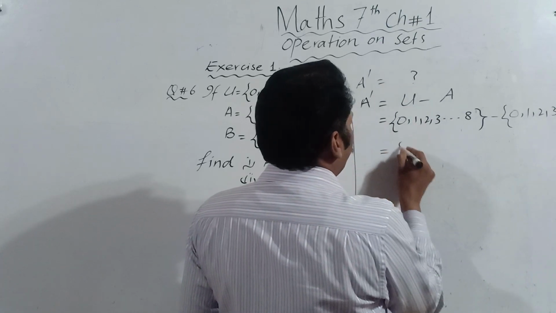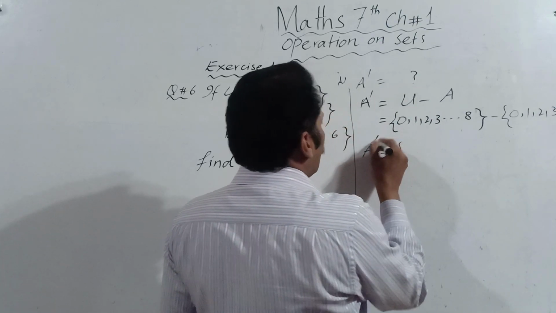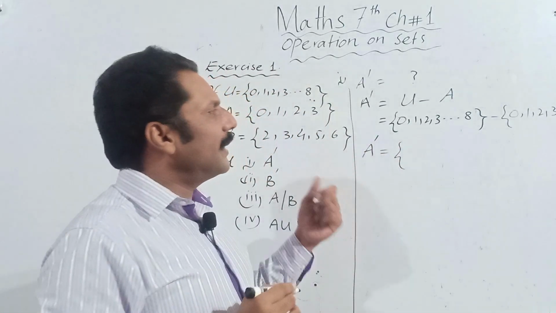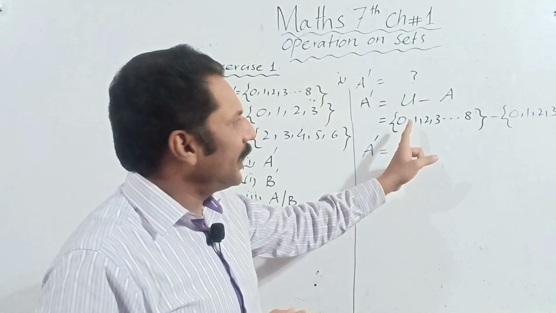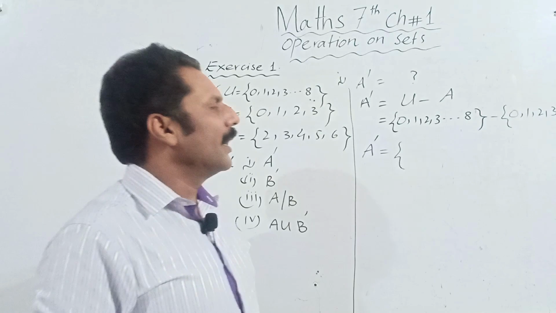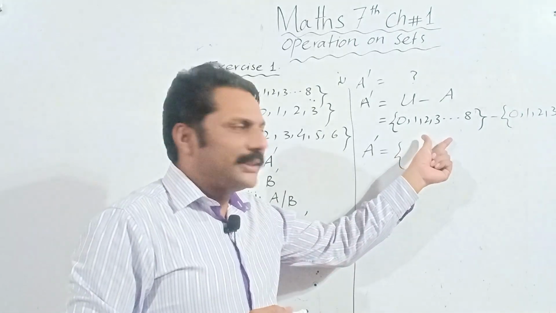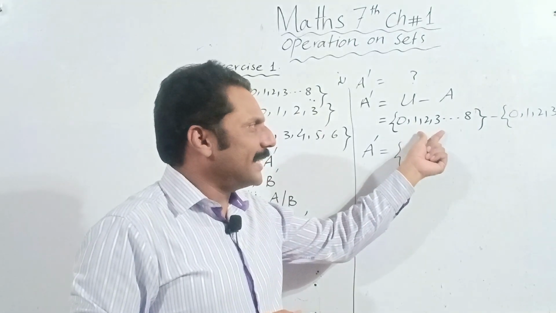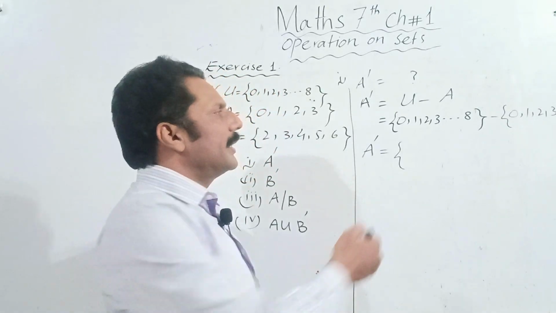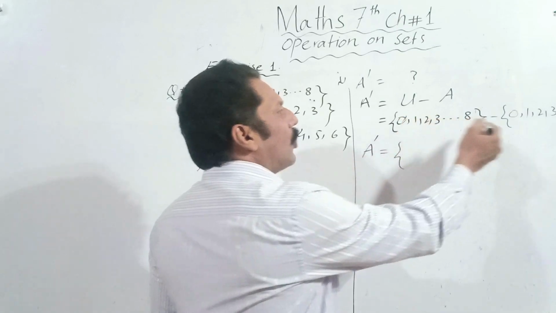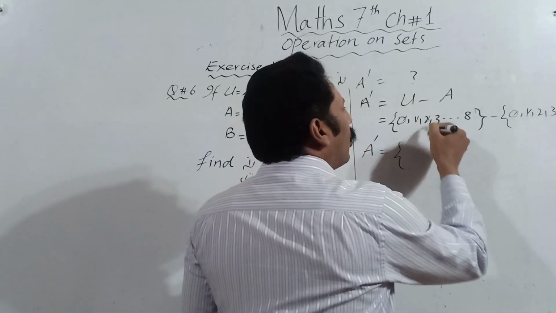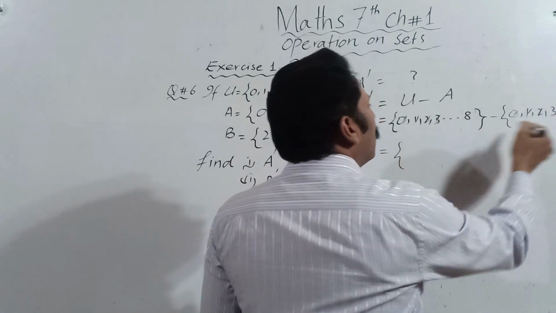Now students, what will be our answer? And what will be the elements of the A complement set? The elements which are present in set U but not present in set A. Simply, the elements which are present in the universal set and not present in set A. Some teachers also teach that you can cancel the common elements. 1 is common, 2 is common, 3 is common.